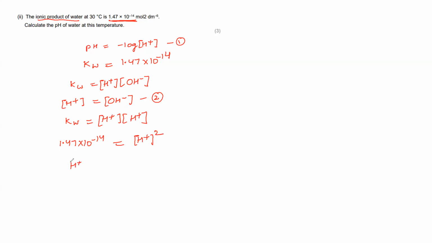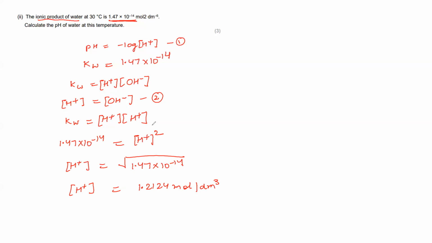So H positive concentration equals root of 1.47 into 10 to the power negative 14. Solve it, and you will get the H positive concentration to be 1.2124 mole per decimeter cube.